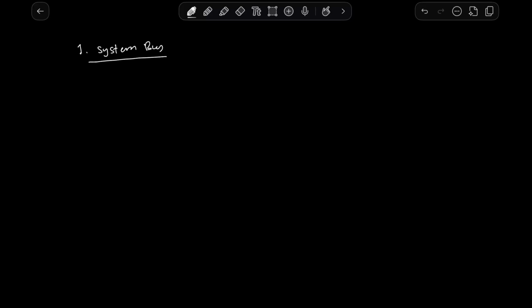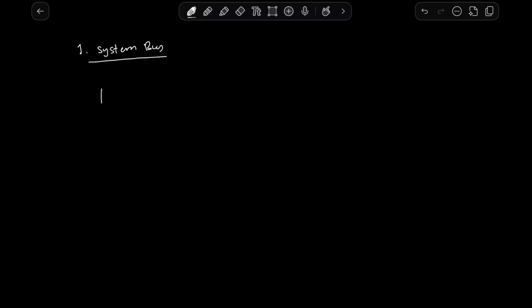Before moving towards the three different types of system bus, see, the system bus provides three different functionalities, or we have three different types of roads where all the information is being passed, and we'll see what kind of information is being passed on which type of road. But let's first try to visualize how it looks on the motherboard itself. Now we won't be drawing the actual motherboard, but we'll try to depict the logical representation of it.